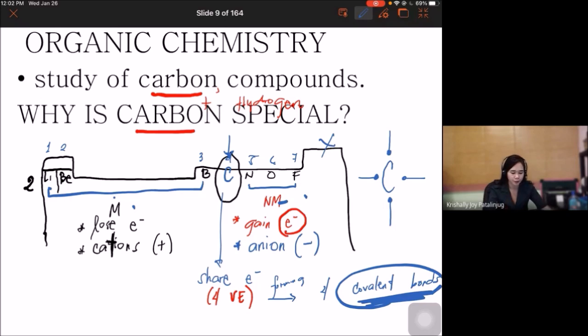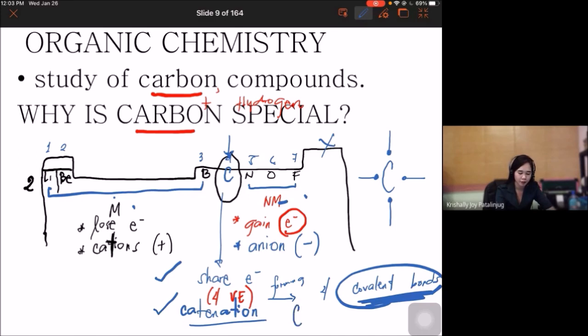Okay, another property that makes it special is that meron siyang property na catenation. Naalala yung catenation property of carbon? Catenation means si carbon, kaya niyang mag-form ng multiple bonds within itself.